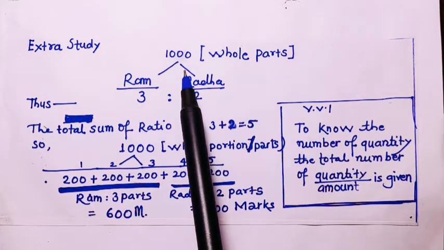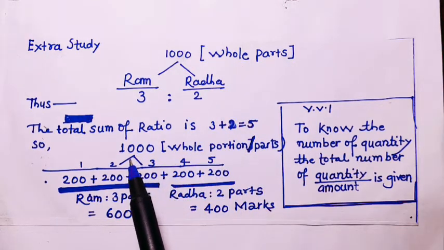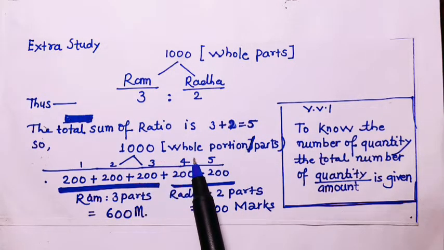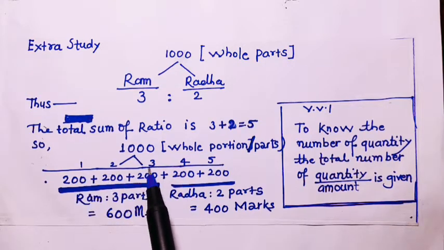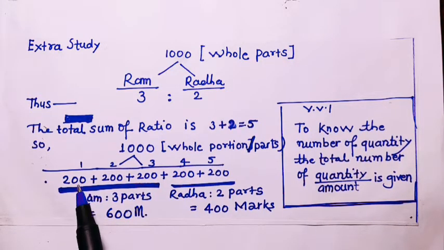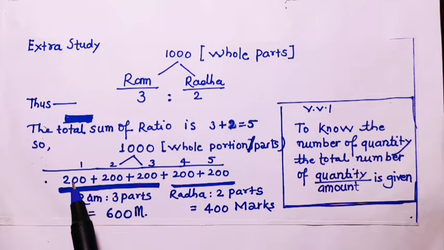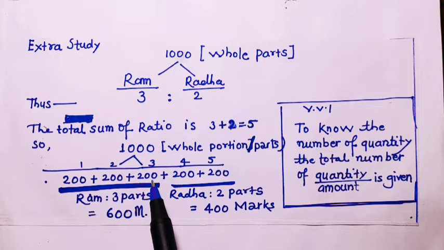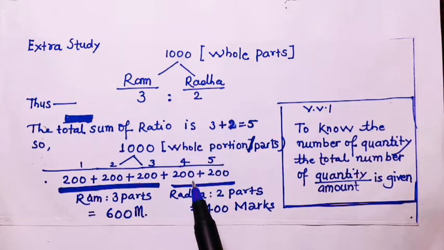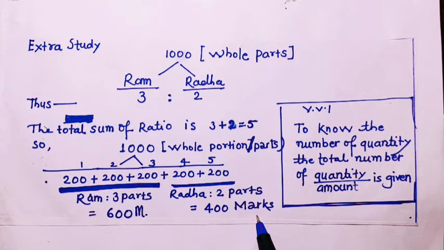Suppose it is whole parts, then 1000 will be divided into 5 parts, 1, 2, 3, 4 and 5, and one part will have 200. In this way if Ram got 3 parts, then it means 200 plus 200 plus 200 equal to 600 marks, and the total part of Radha would be 2 parts. It means 1 part, 2 parts equal to 400 marks.